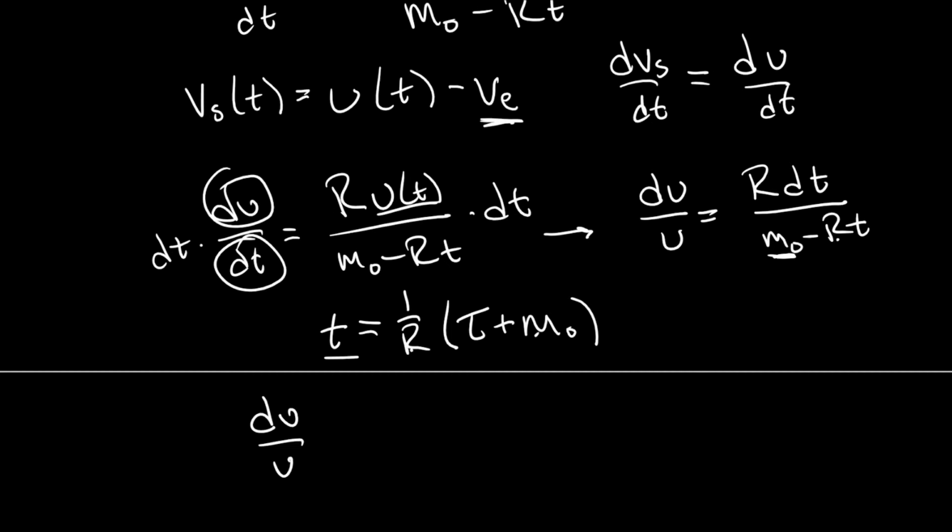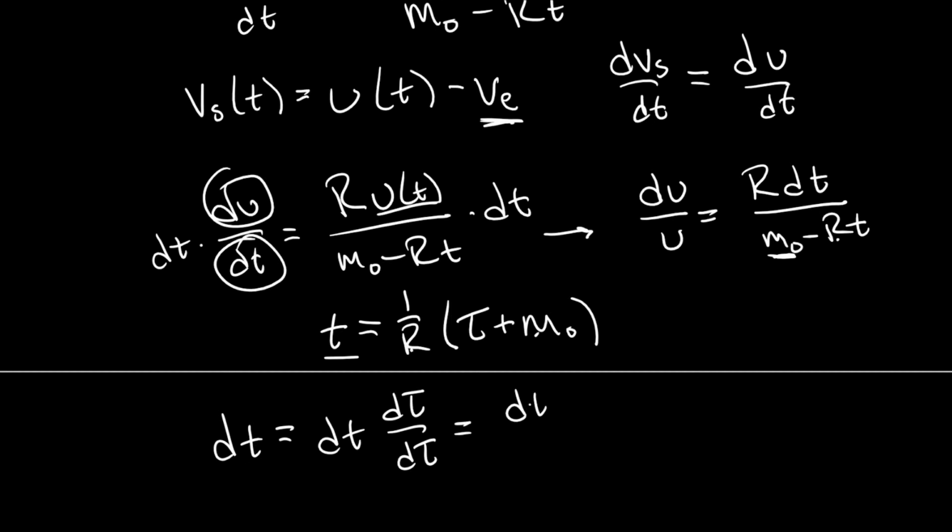Oh, I should also say, when I have a differential, I can multiply this by a factor of 1, d tau over d tau, just changing around where the differentials lie. I can call this dt/d tau times d tau. Taking the derivative of this, well, this guy is just a constant.